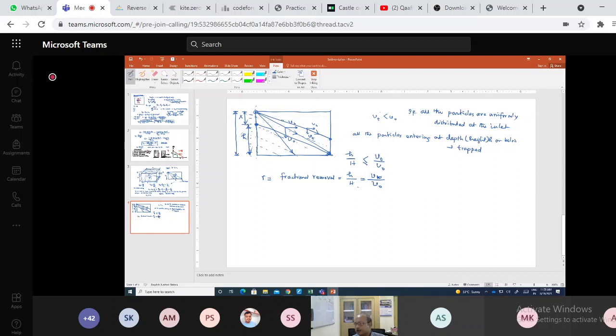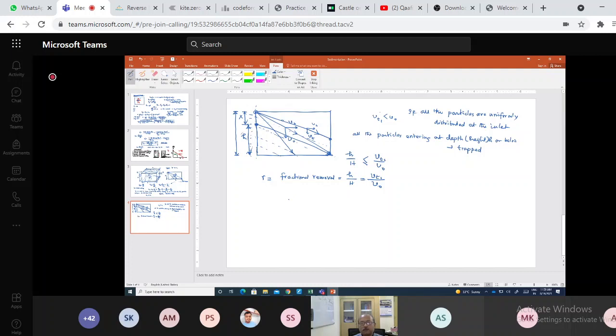All right. This is for only the particle having a settling velocity Vt1, so Vt1 by V0.